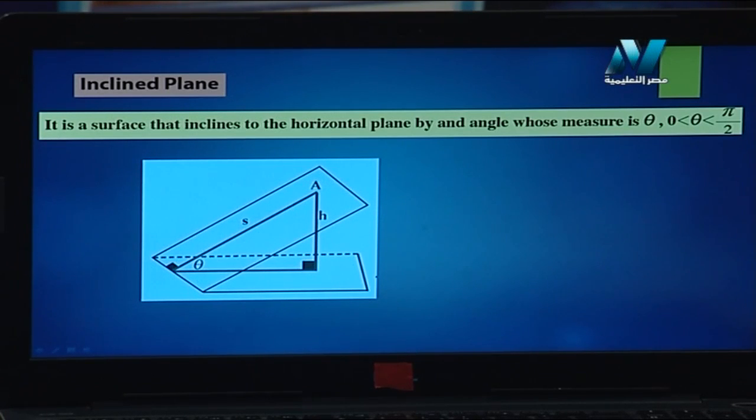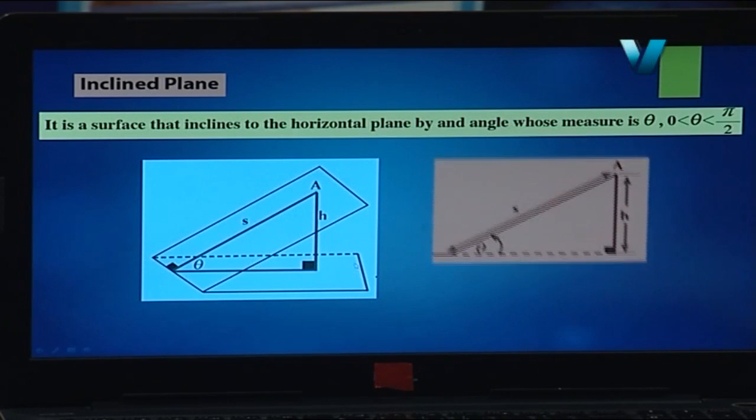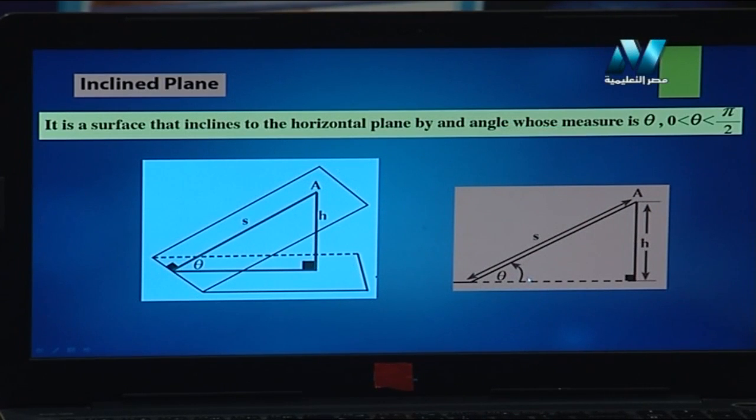S is the distance here, h is the height here. We will draw it simply: we have S, the distance, and theta, the angle of inclination of the bridge or the inclined plane on the horizontal, and h is the height of this bridge at this point A.